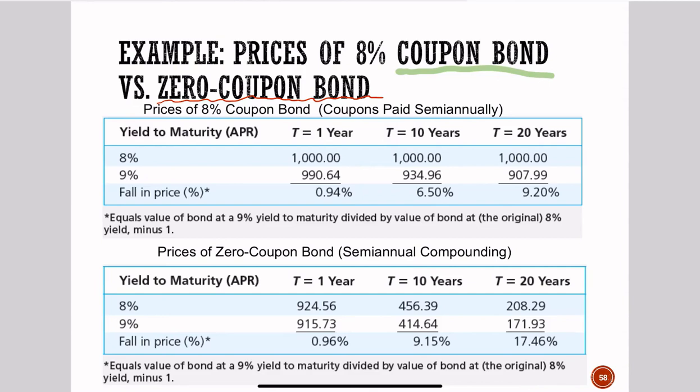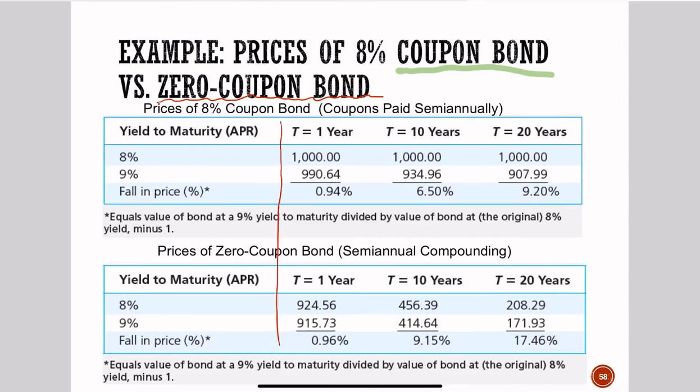We want to compare these two bonds. Let's say both bonds have maturity of 1 year, and under both cases, bond yield increases from 8% to 9%. We know that if yield increases, bond price decreases.